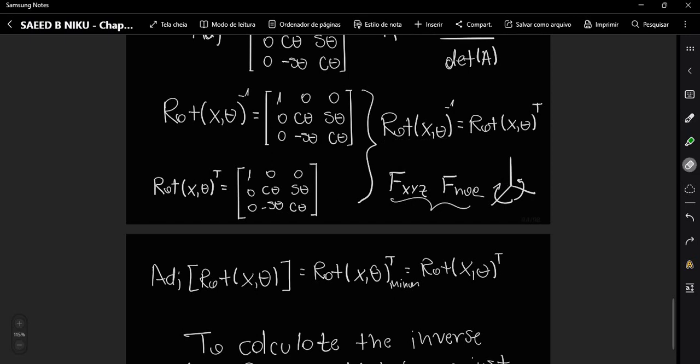So we can verify that for a simple rotation matrix, we can calculate its inverse just by doing the transpose function.